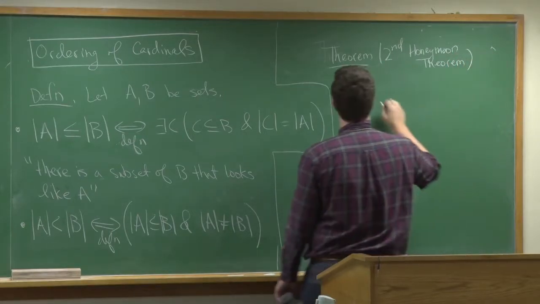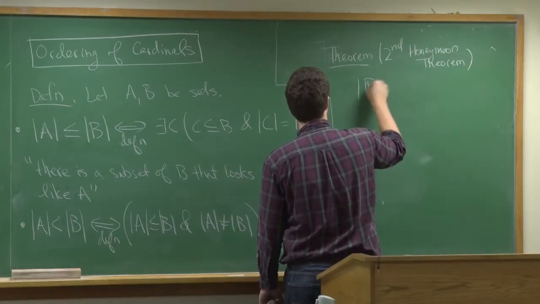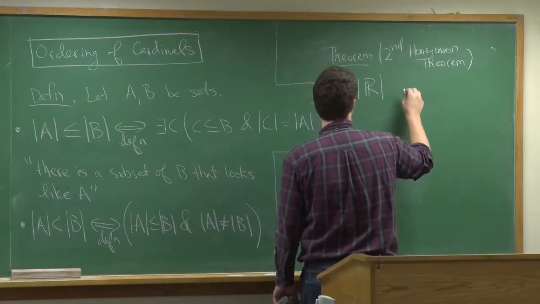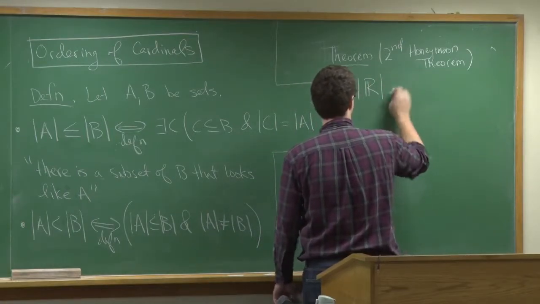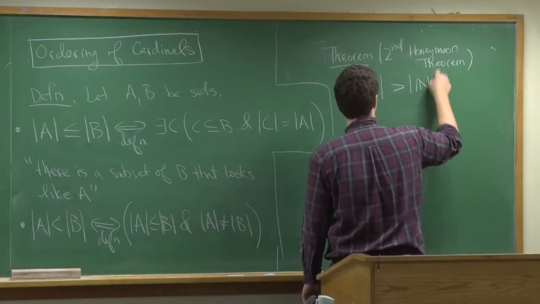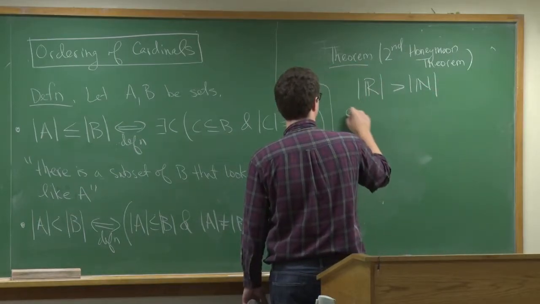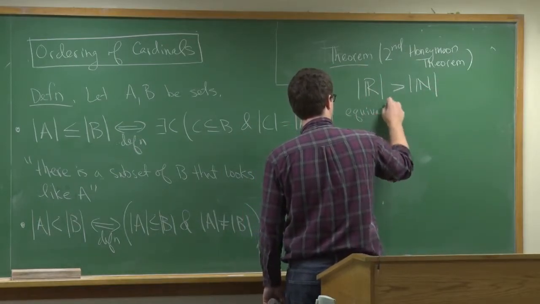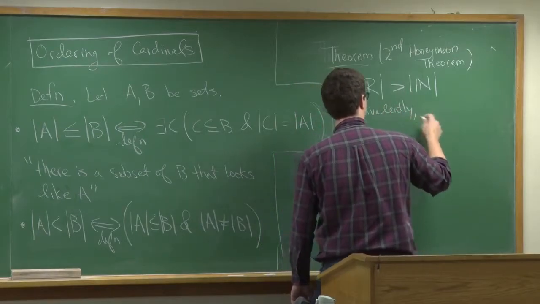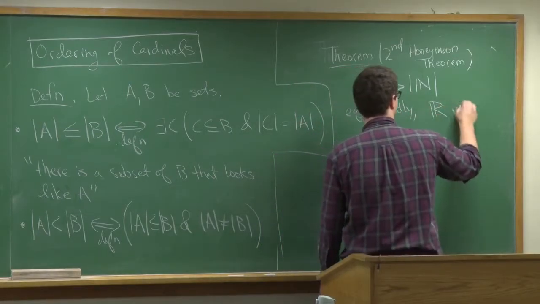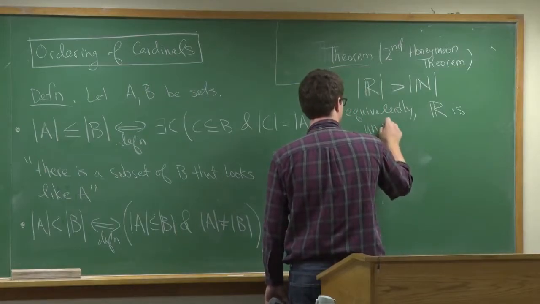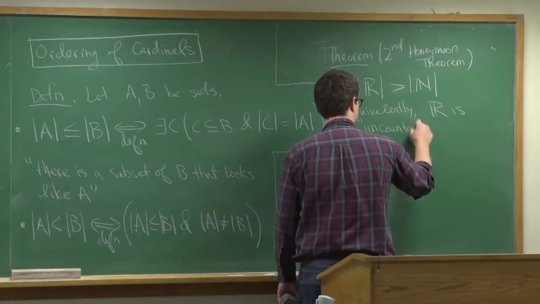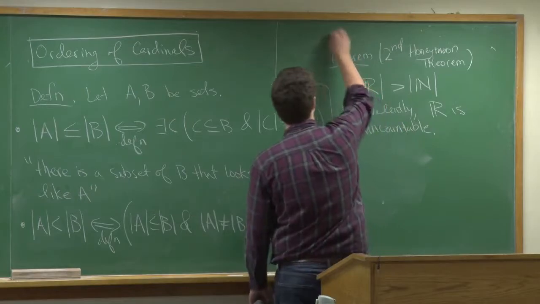It says that the cardinality of the real numbers is strictly bigger than the cardinality of the natural numbers, or equivalently that R is uncountable. Right? So this is the theorem.